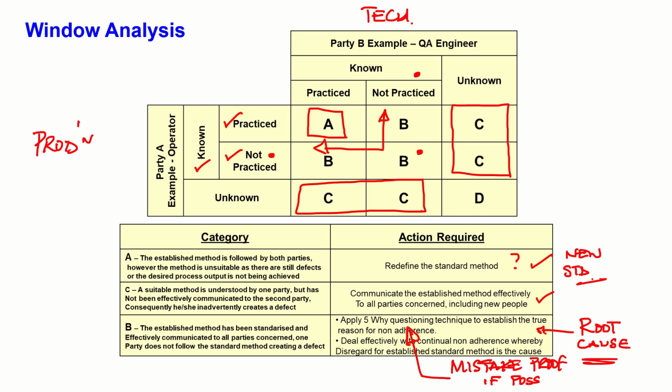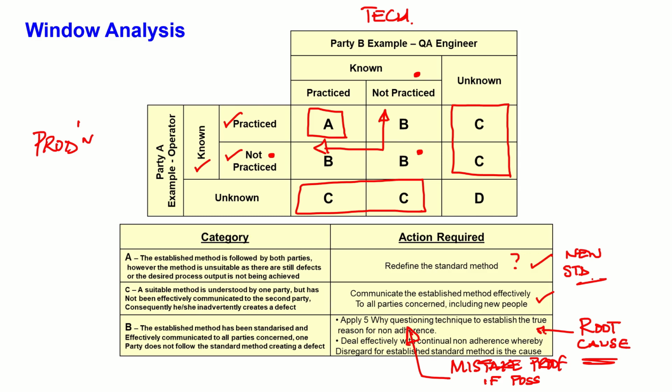So we mistake proofed it. So there was a little button that had to be activated by the packing operator. The button could only be activated when the commander was in their hand, so we at least knew they'd picked a remote control up to put it in the box. To be fair, it didn't always work, but what we didn't do is blame the operator.